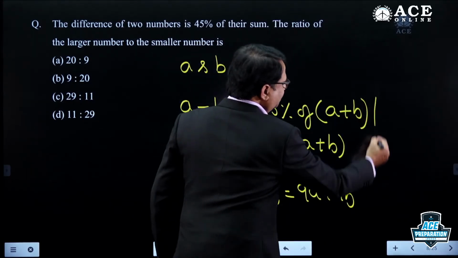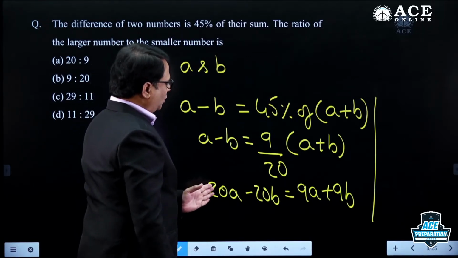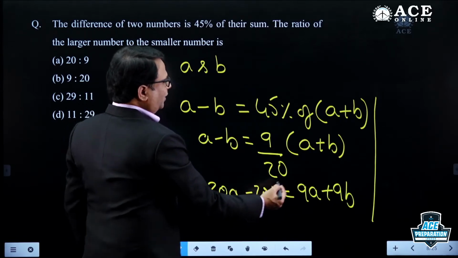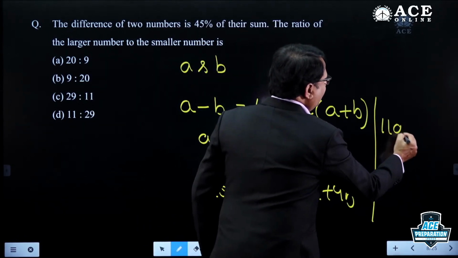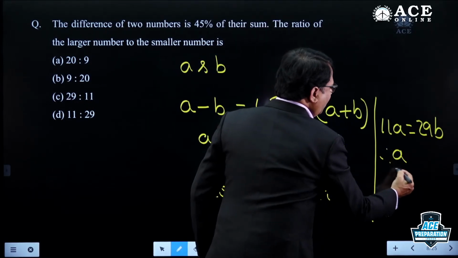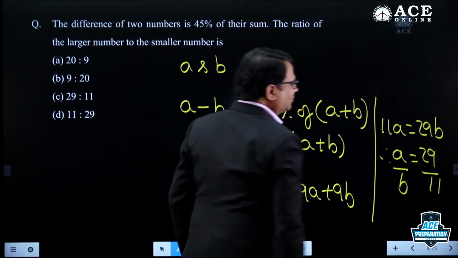Then 11A equals 29B. Therefore, A by B is 29 by 11.